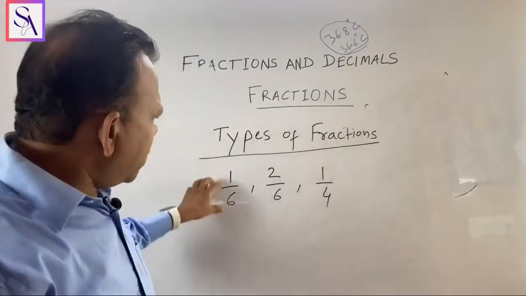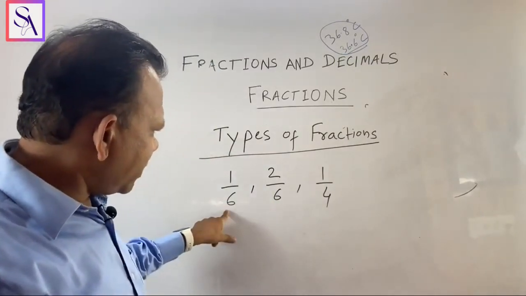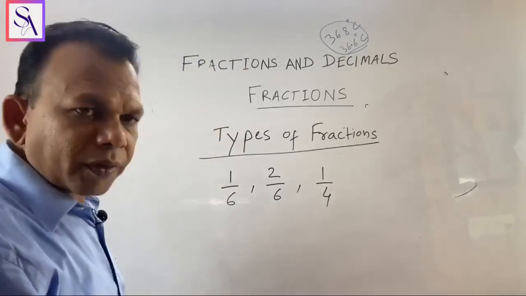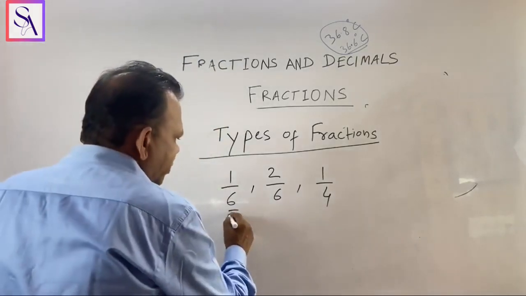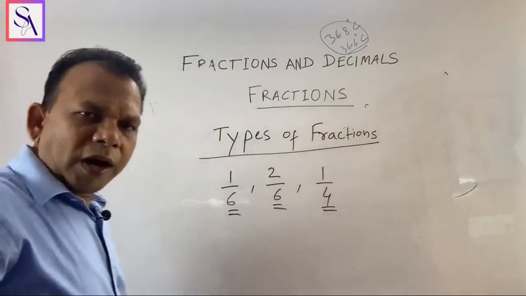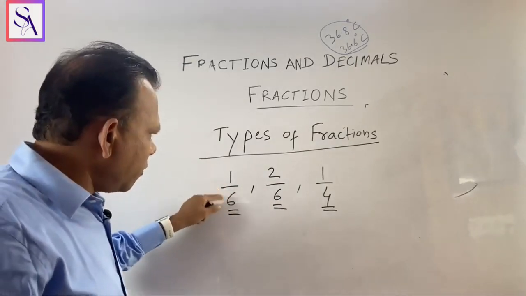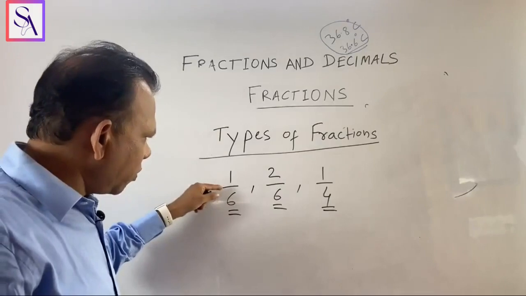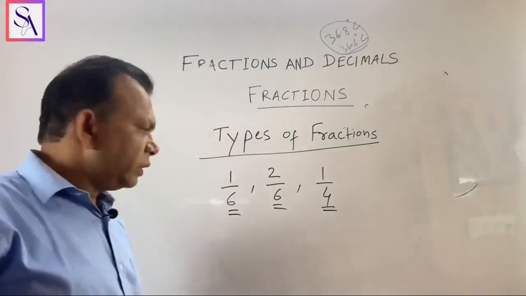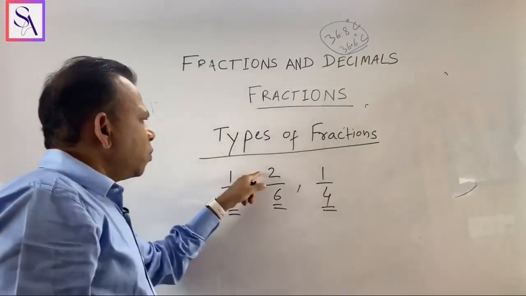So if you observe in these three fractions, you can see that denominator is greater than numerator. I will repeat once again. This is denominator, this is denominator, this is denominator, right? Just now we learned what is denominator. The lower portion or lower number of this fraction, the number which is below this bar, is denominator, right? Bottom number. So denominators are 6, 6, 4, and numerators are 1, 2, 1.